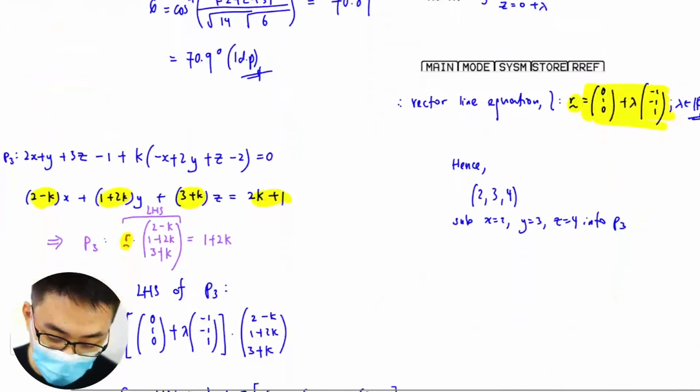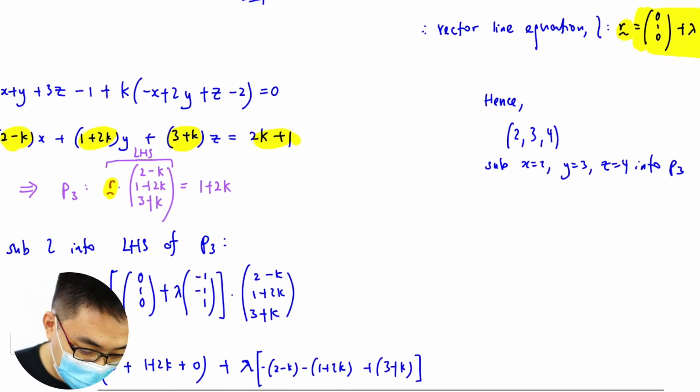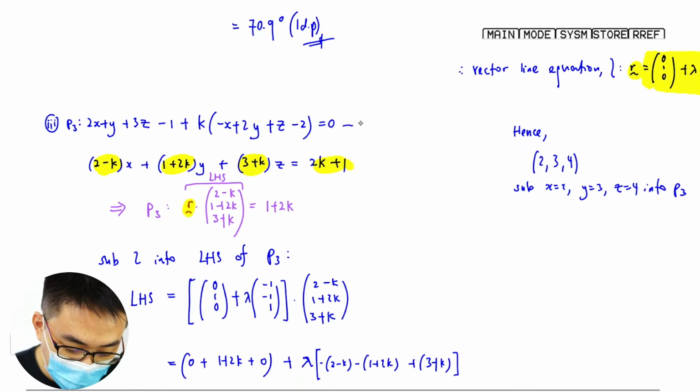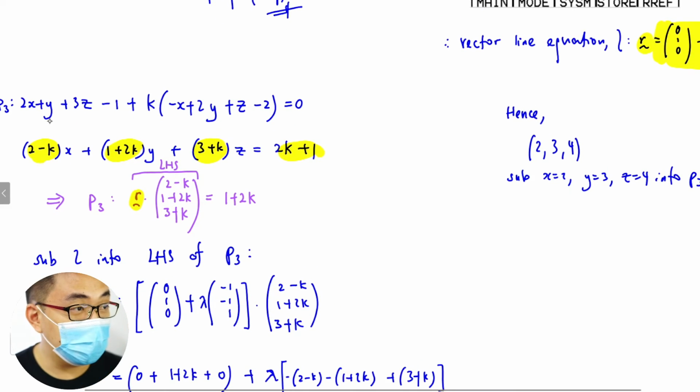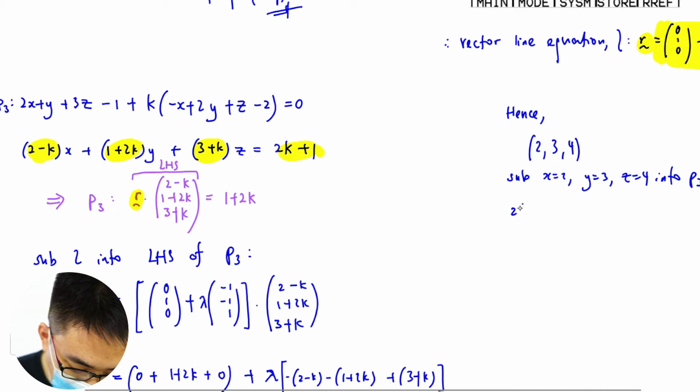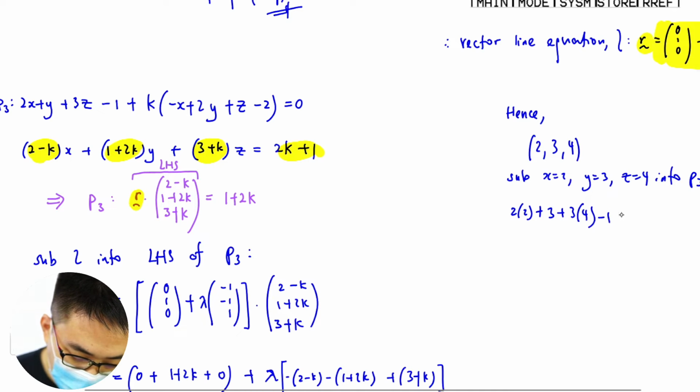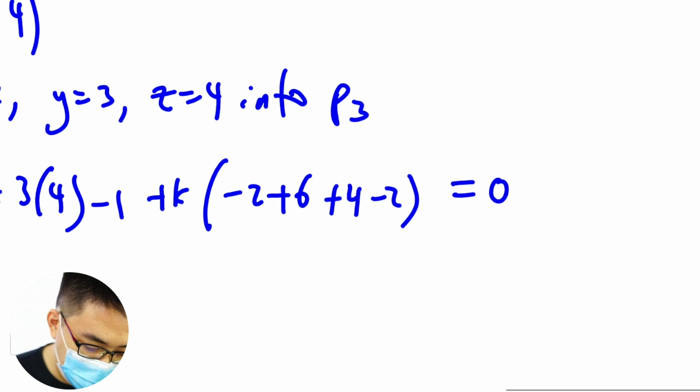So I'm just going to substitute it into plane 3. I sub into this plane 3 here. This one is already arranged out. So it's 2 plus 3, k, plus k. Okay, there you go.